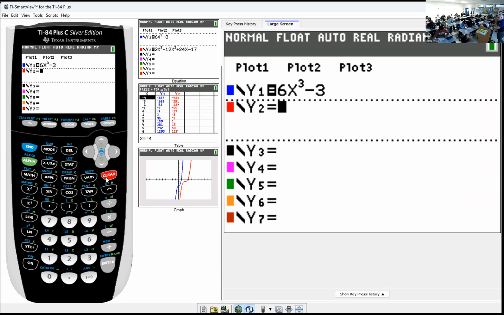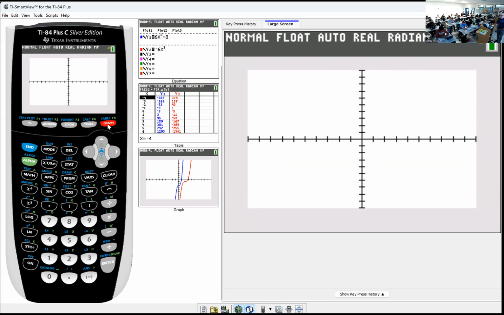Let's clear this one out. And it's simply negative 6x cubed minus 5. And if I graph this one, I expect it to be flipped across the y-axis and down 2. And it is flipped across the y-axis.